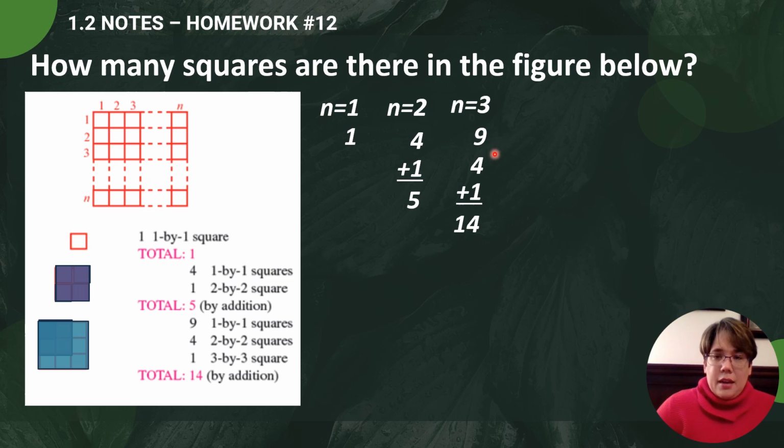So all that I do is I just say 9 plus the previous number, which was 5, and I got 14. So at n equals 4, how many 1s am I going to have?